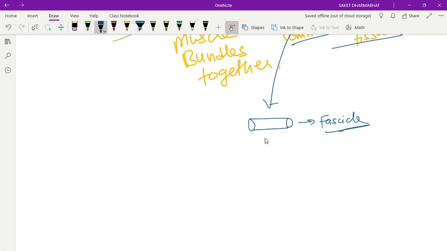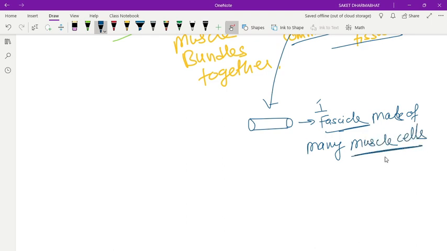Now this one fascicle is made of many muscle cells. Muscle cells are also called muscle fibers. So muscle fiber and muscle cell are the same.